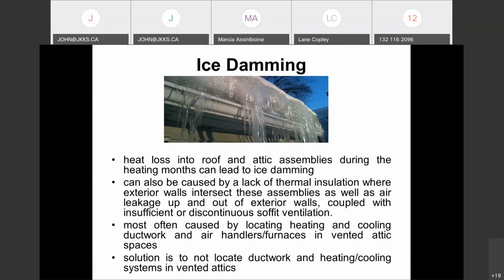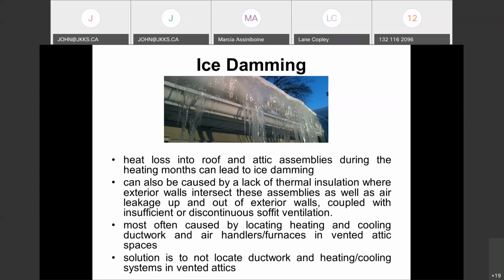Usually what you want is vented soffits to let air flow through even in the winter. Because otherwise we have a heated space with a lack of movement, which means an ice dam forms.